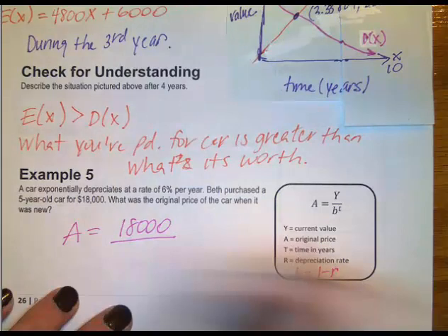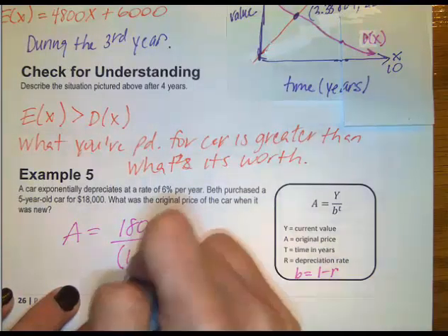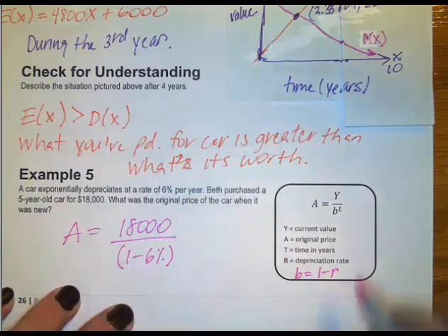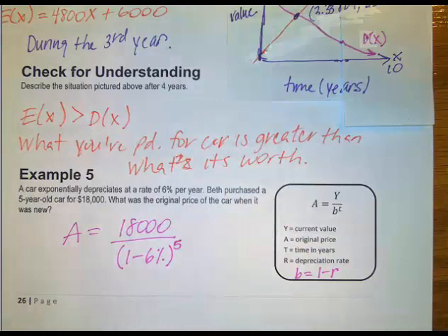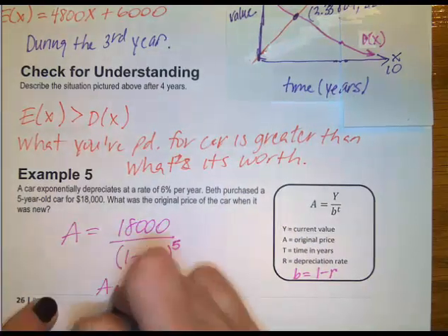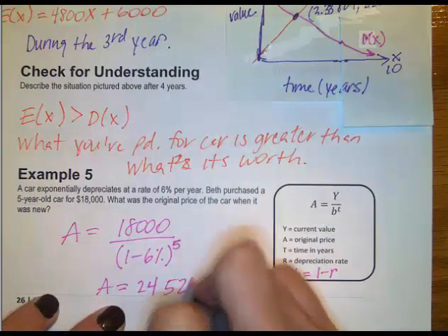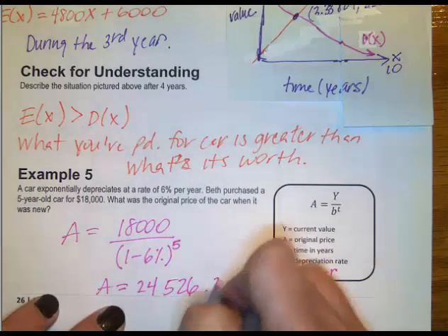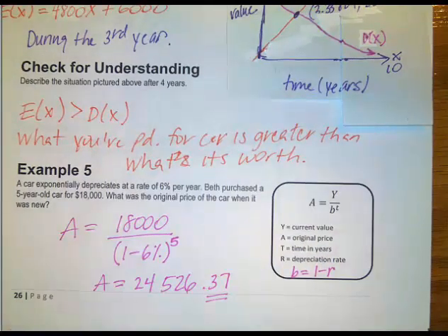So our base is 1 minus our rate, so 1 minus 6% raised to our T, and our time is 5. So go ahead and put that in the calculator. So your A value is $24,526.37. So again, remember, it's money, so 2 decimal places.